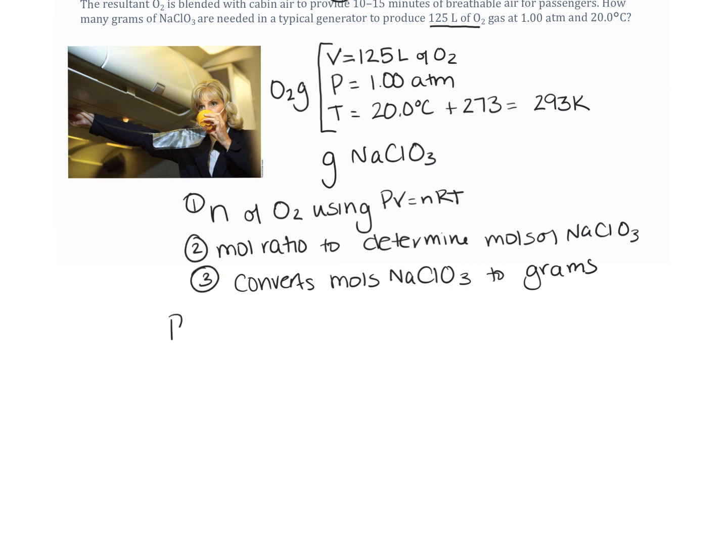All right. So PV equals nRT. We are going to get n all by itself. And so we can say, look, PV over RT equals n. That's the number of moles that we have.